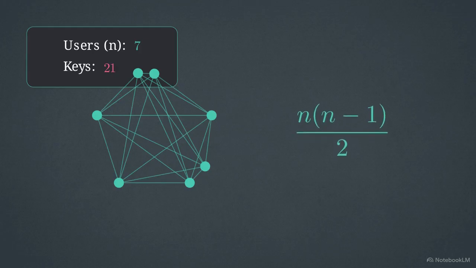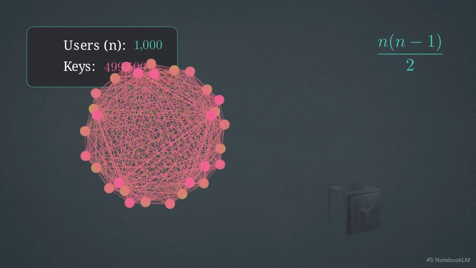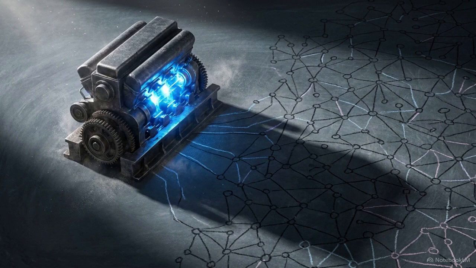Plug the numbers in. An organizational network with just 1,000 users would require the secure generation, distribution, and storage of 499,500 unique keys. Symmetric encryption provides a computationally perfect engine for securing bulk data, but it mathematically and logistically fails to scale across open networks.